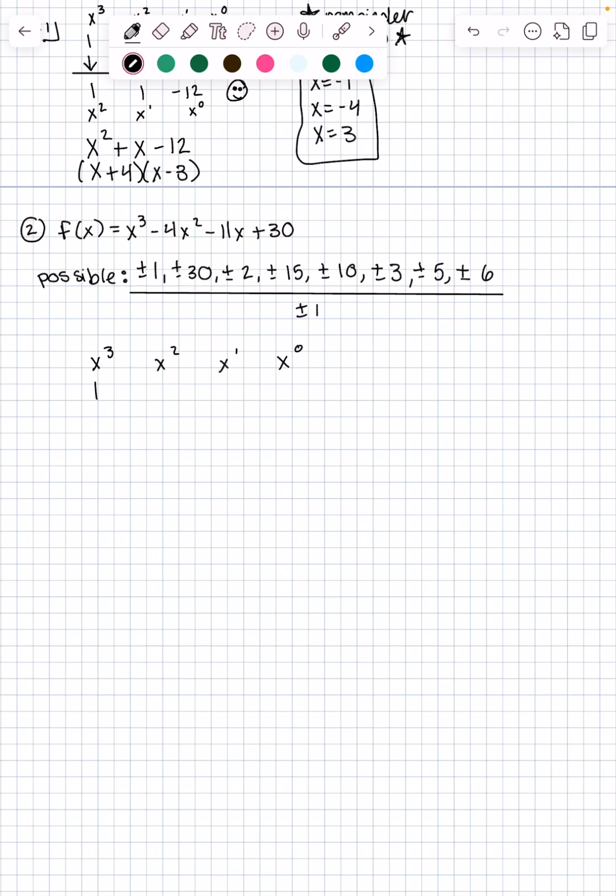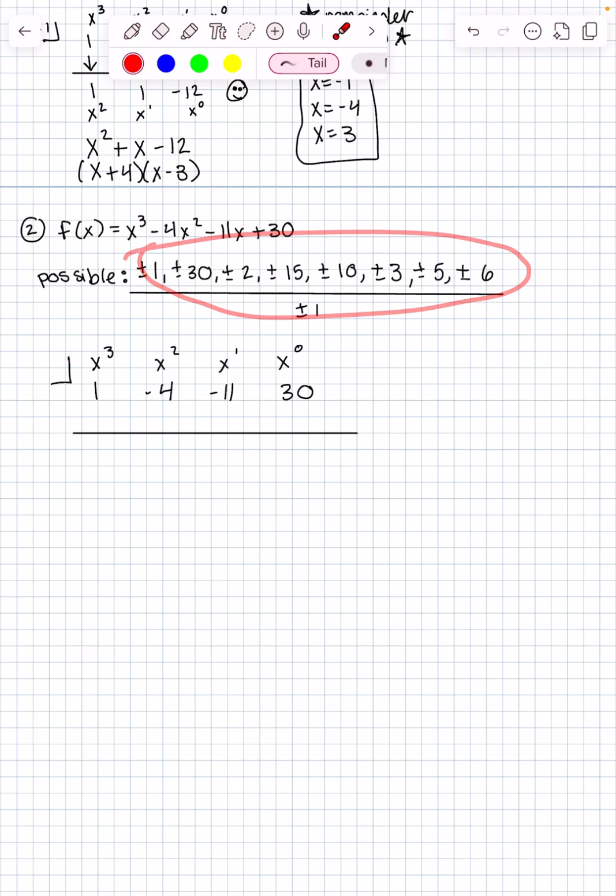And then my coefficients are 1, -4, -11, and 30. So again, you would have to use guess and check on this one and just start plugging in some of these numbers in for synthetic division until you get a remainder of 0. So you could plug in +1 there, -1 there.